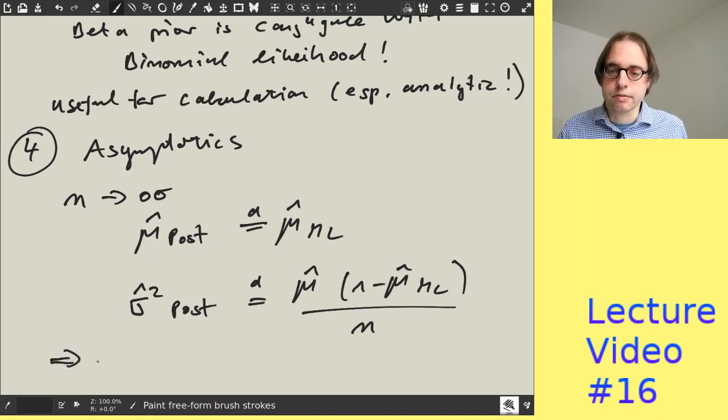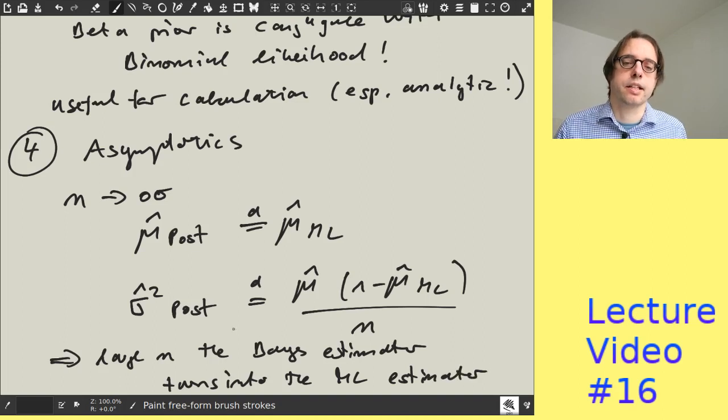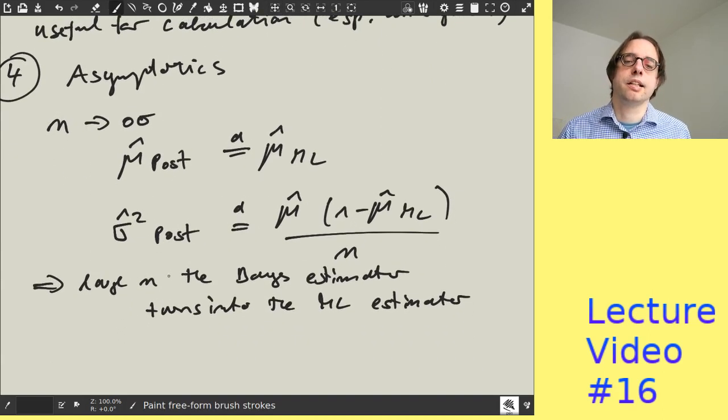Which means for large n, the Bayes estimator turns into the ML estimator.